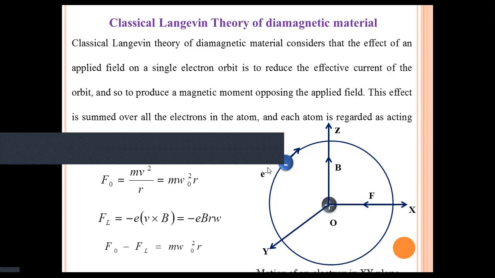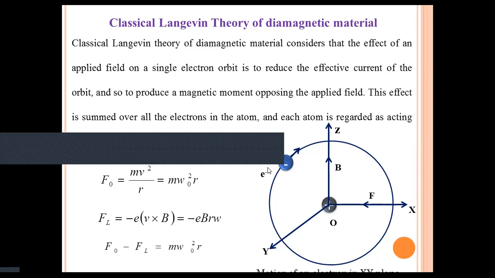Here, the magnetic susceptibility is nothing but the ratio of magnetization to the magnetic field intensity, that is M by H. In classical Langevin theory of diamagnetic material, we will discuss the magnetic susceptibility of diamagnetic material.